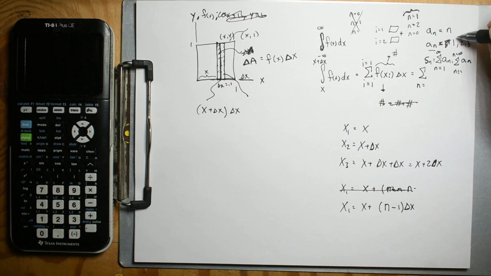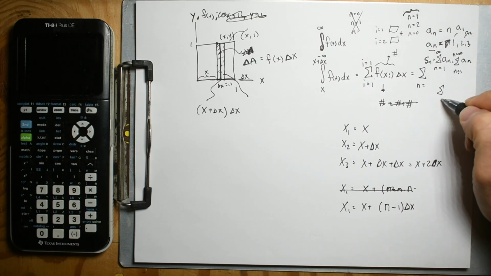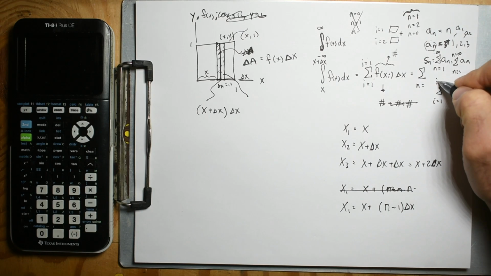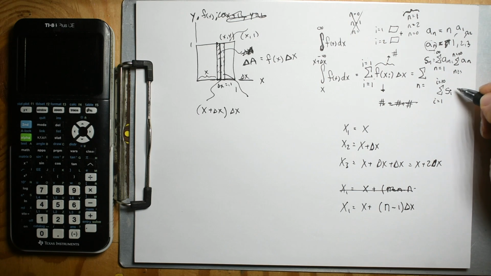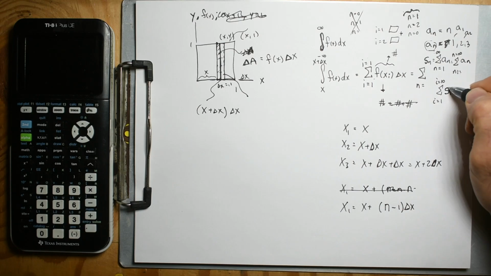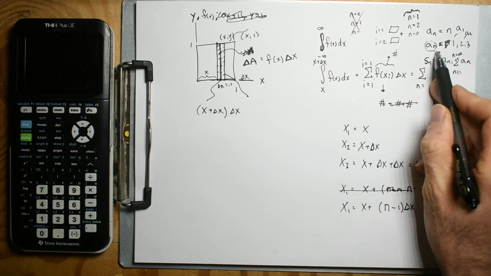And so this value right here is a1. This value right here is a2. And so if we said the summation of an, if we chose i equals 1 to i equals 10 of ai, then we would have, because this would be the sequence of numbers.